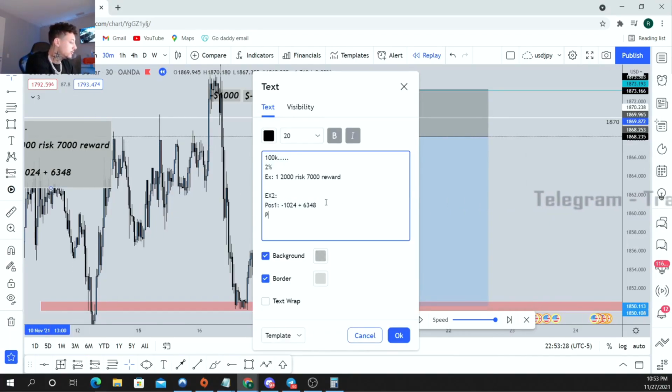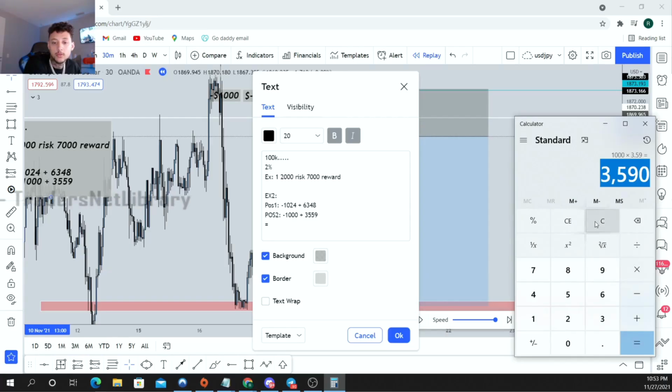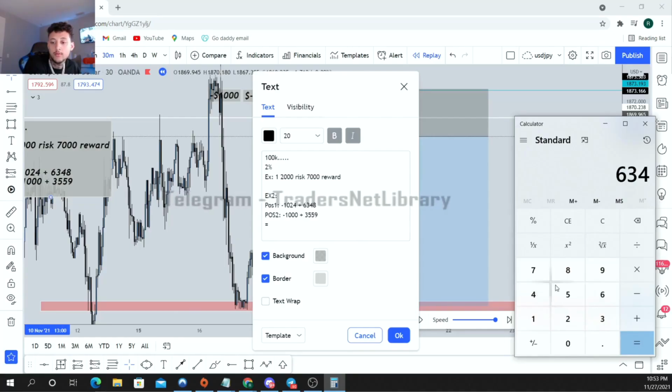So position 2, we have a total of a $1,000 risk and a potential gain of 3,559, I believe it was, for a total potential gain of about 6,348 plus 3,559, $9,907.